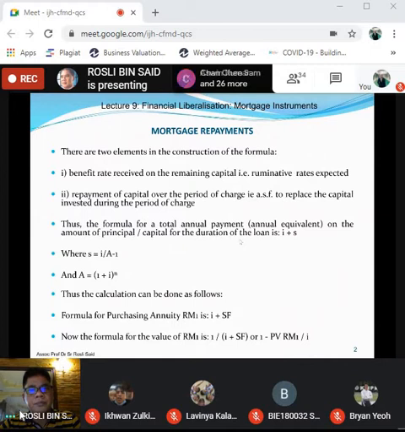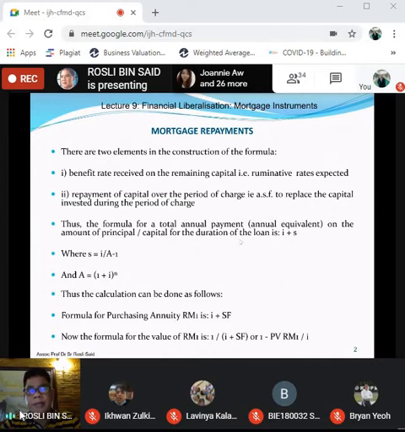The capital is basically the amount that the financial institution approves when we apply for the housing loan.